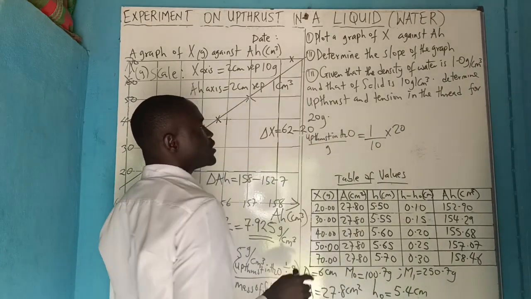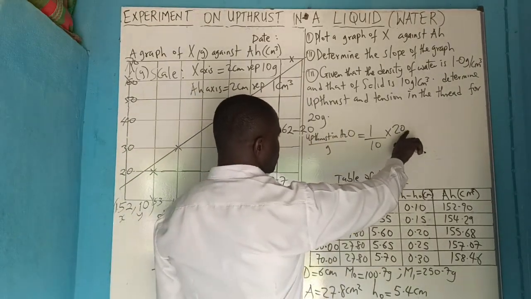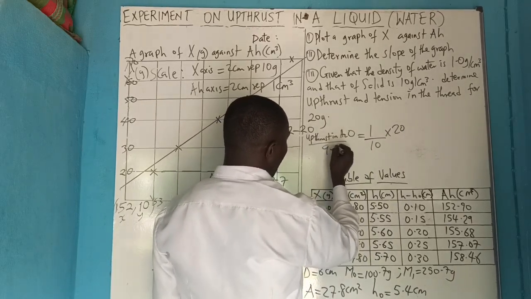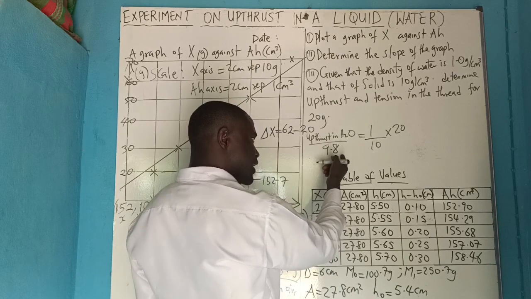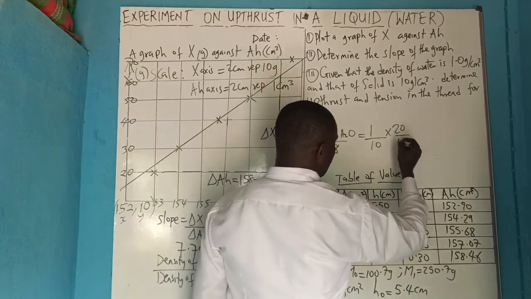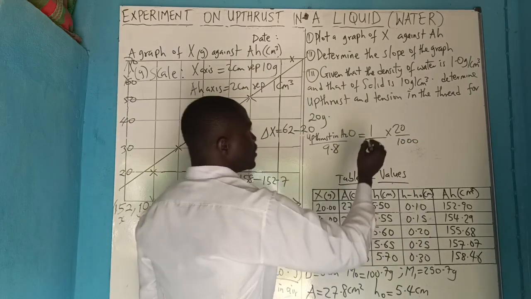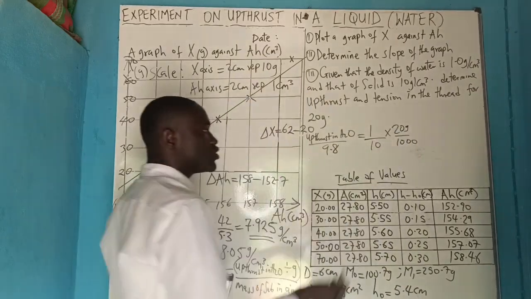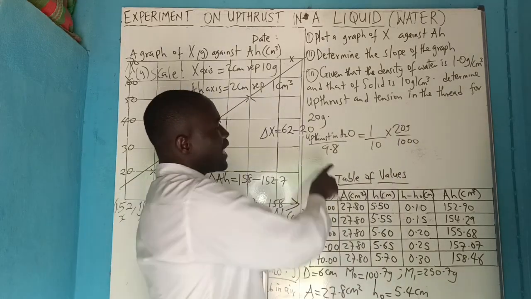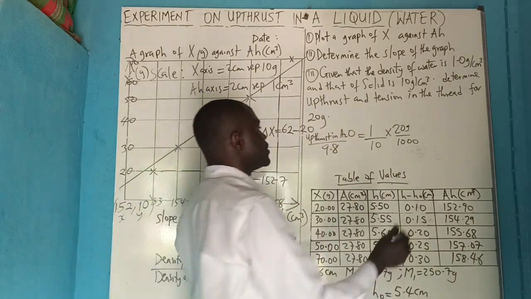But this is in gram now. This is acceleration due to gravity. I want to put it as 9.8. Because I put this as 9.8, I have to convert this gram to what? Kilogram. Convert the 20 gram to kilogram. Then I can now use this 9.8.